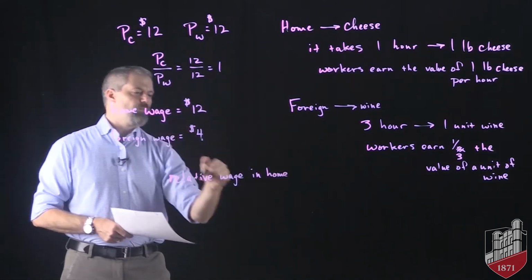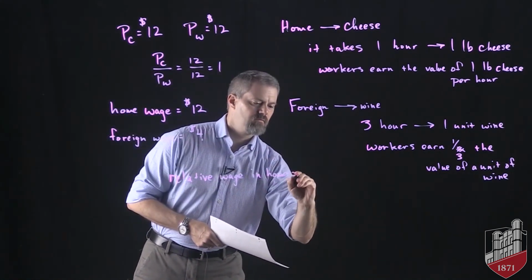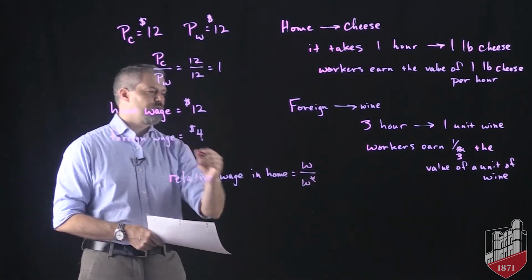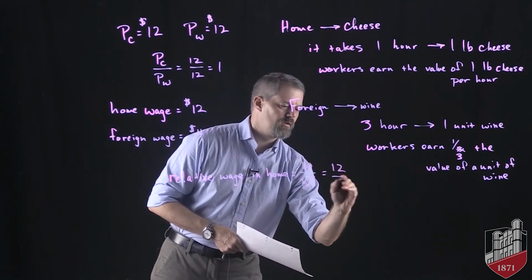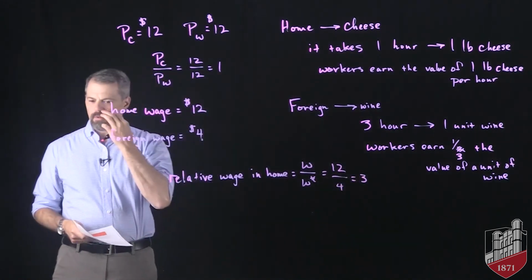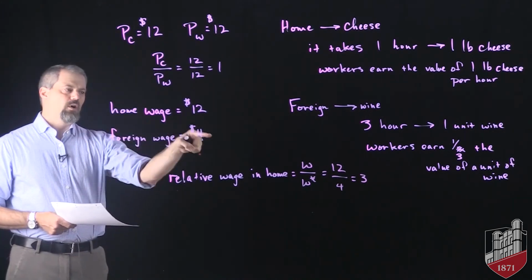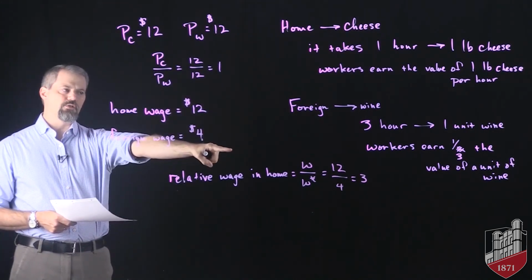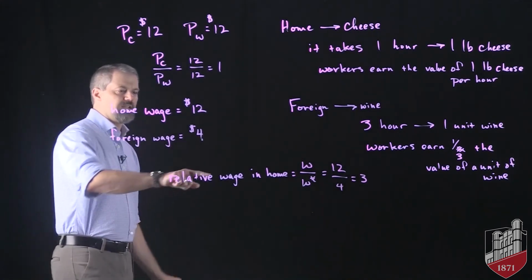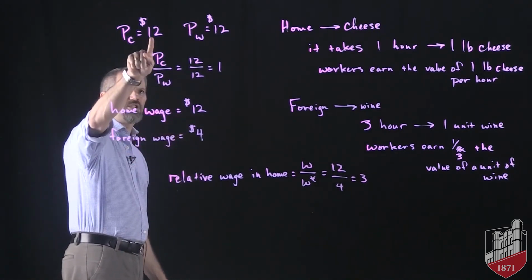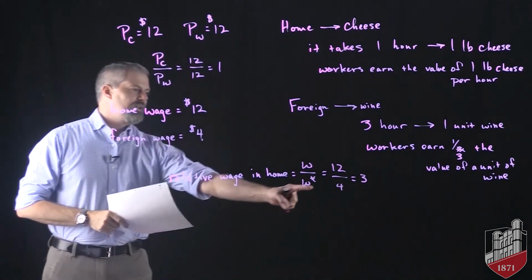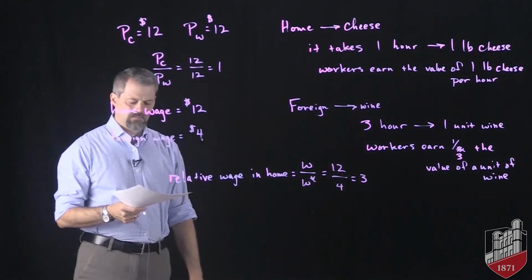It's going to be Home's wage divided by Foreign's wage, which would be 12 divided by 4, or 3. And that's really what's important. What matters is that workers in Home are going to earn 3 times what workers in Foreign are going to earn. And clearly these dollar amounts would change if we changed these dollar amounts up here, but what really matters is going to be this relative wage.